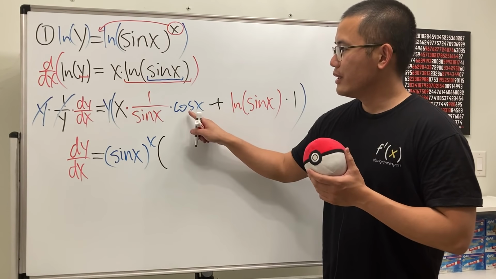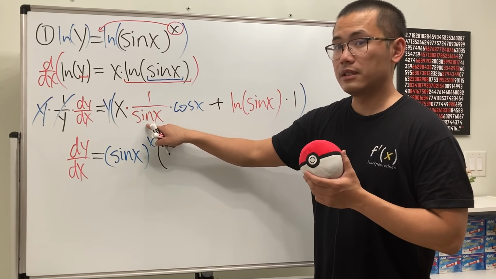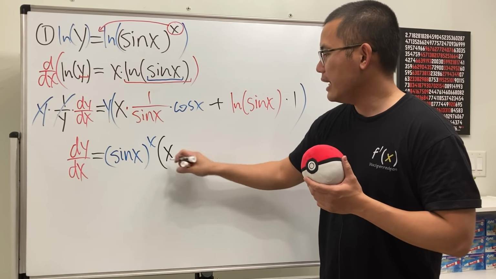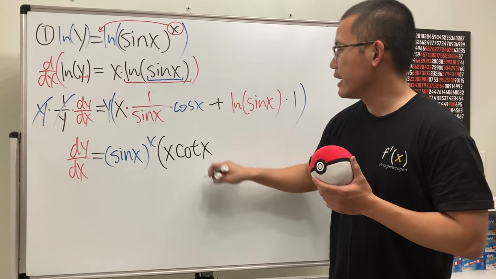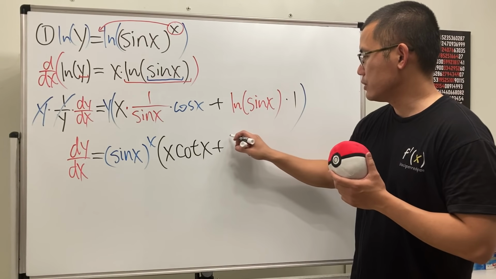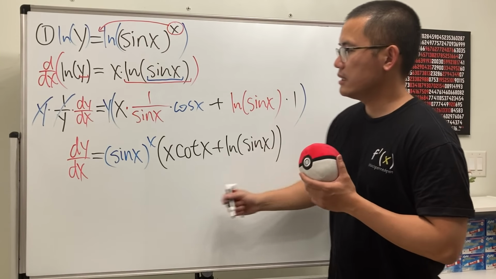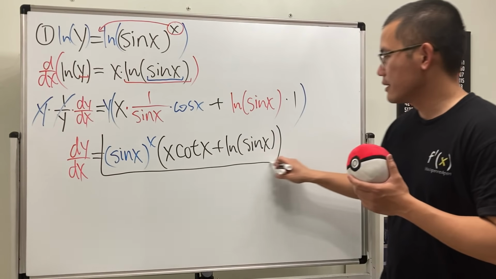But you see, cosine x over sin x is cotangent x. So the first part can be rewritten as x times cotangent x. And then we add this, which is just ln of sin x. And that's it. This is the first answer.